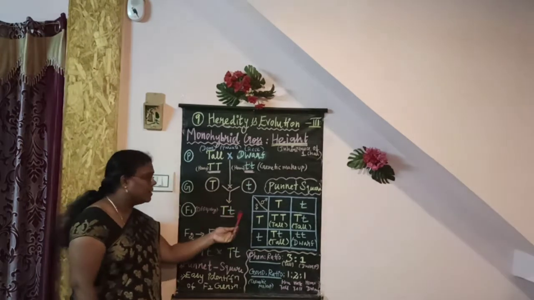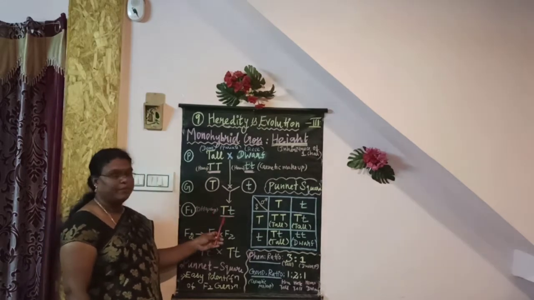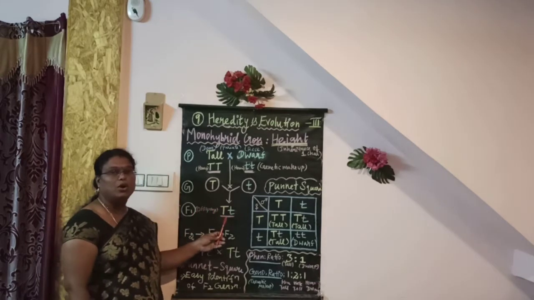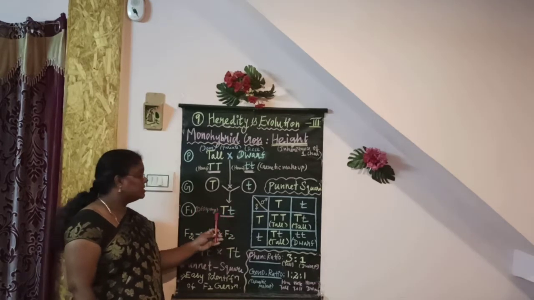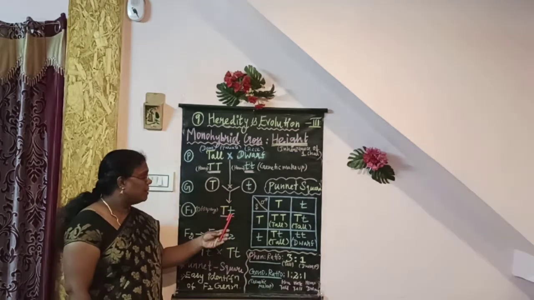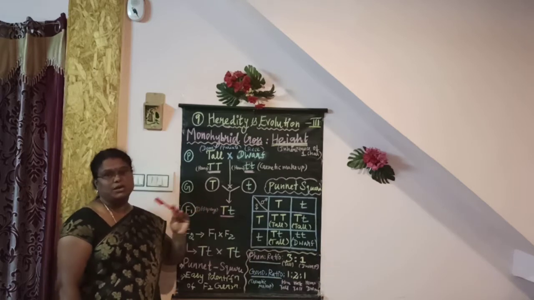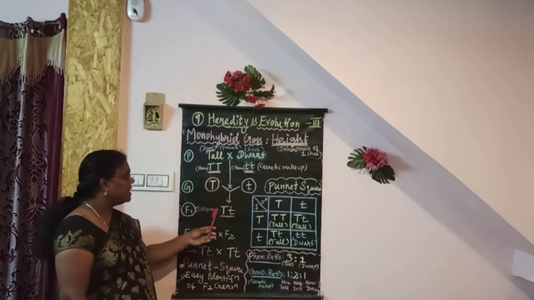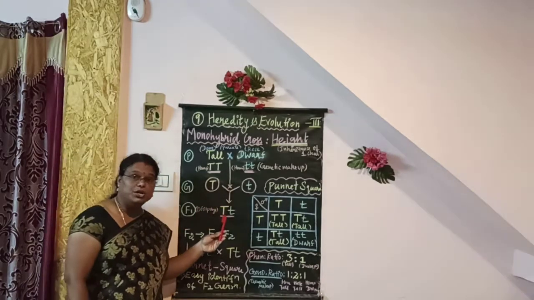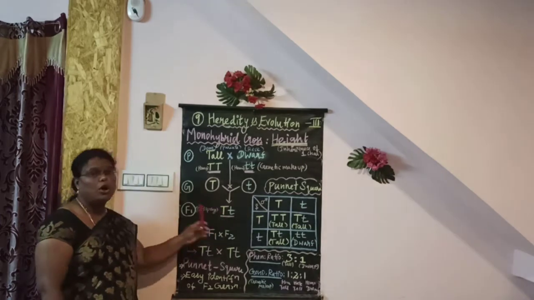So the resulting offspring was tall, which is dominant. See here, capital T, small t. In the F1 generation he got a tall plant, and this is heterozygous tall. The genetic makeup is different, but the plant is tall, having two different genetic makeups. So it is called heterozygous tall. So in the F1 generation, Gregor Johann Mendel got a heterozygous tall plant.